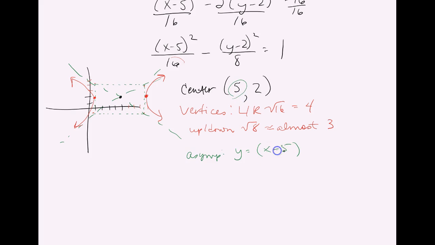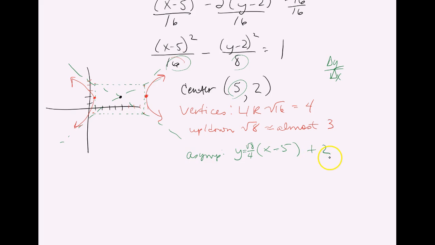So I'm going to do an x minus 5 because of where my center is, and I'm actually going to put a plus 2 on the outside because that's how high up my center is, and then I'm going to put a slope in the front of this. So the slope, the way you find that, think about slope, y'all, it's the change in y over the change in x. And so for me, I look at the numbers under the y and the x. So the square root of 8 over the square root of 16. So that would be the equation of the asymptote.